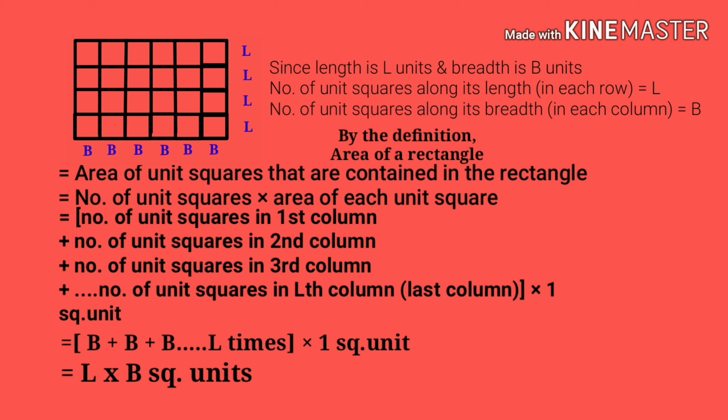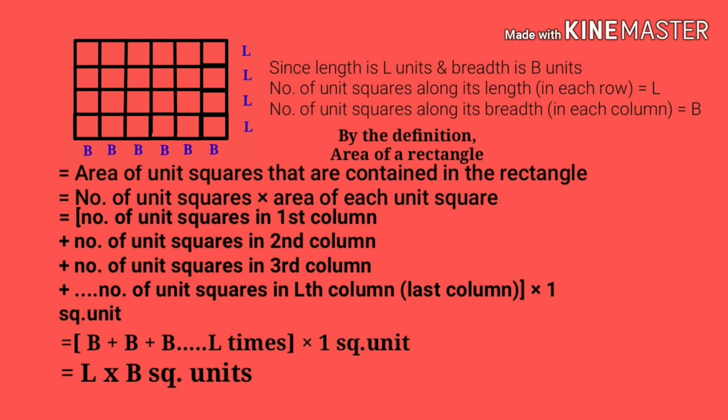The number of unit squares can be written as number of unit squares in first column plus number of unit squares in second column plus number of unit squares in third column, and so on, up to the number of unit squares in the nth column, which is the last column, into the area of each unit square. But we see that in each column there are B number of squares. So we have to add B, L number of times, which can be written as L into B.